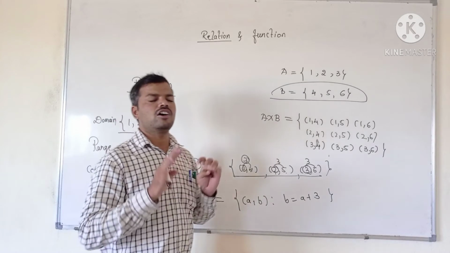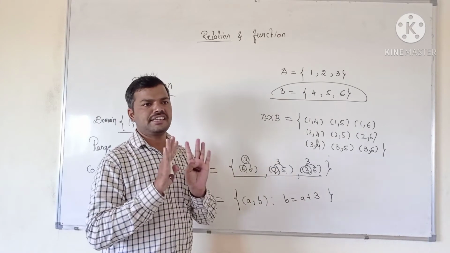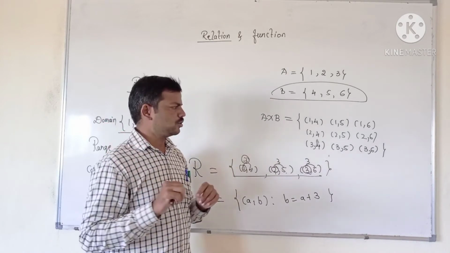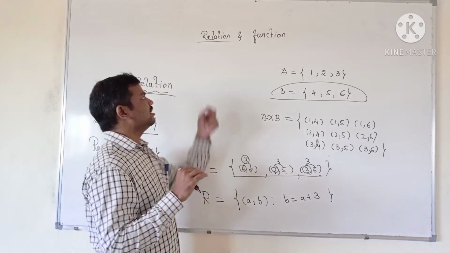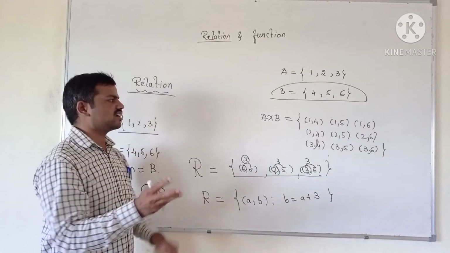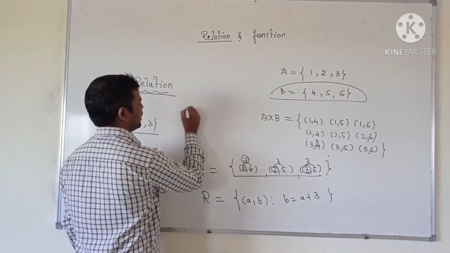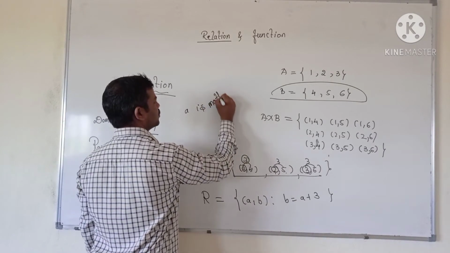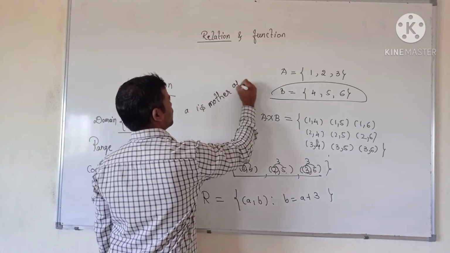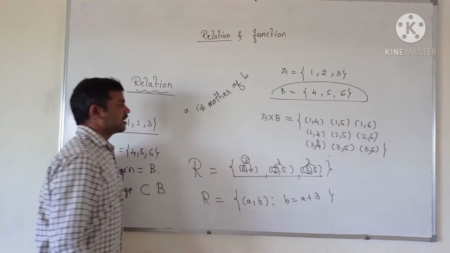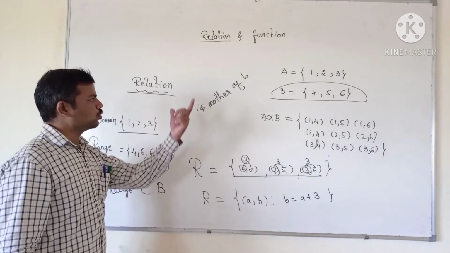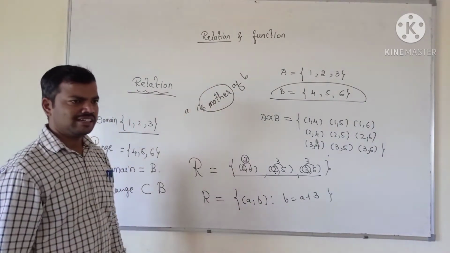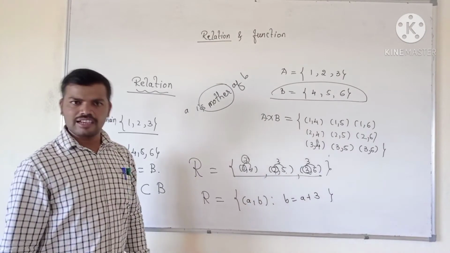Or simply, it is the connection between any two elements, two objects, two things. Where did this connection concept come from? For example, A is a father or a mother of B. Two elements are there, and between them there is a connection. That connection is called a relation.